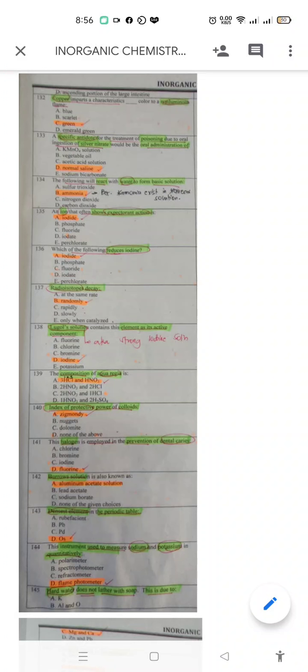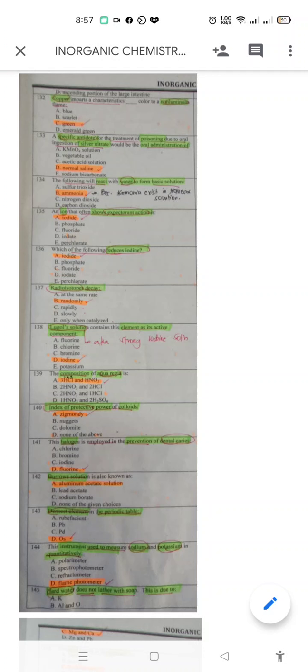Number 144, this instrument used to measure sodium and potassium quantitatively is your flame photometer. So, the instrument used to measure sodium and potassium is your flame photometer. And the results, your sodium and potassium are being tested for, and the result to their non-luminous flame, again, yung sa kanina.